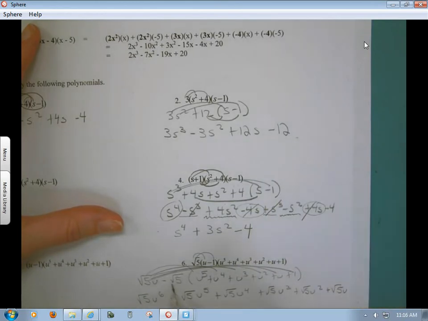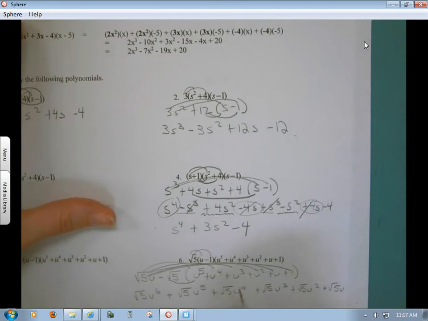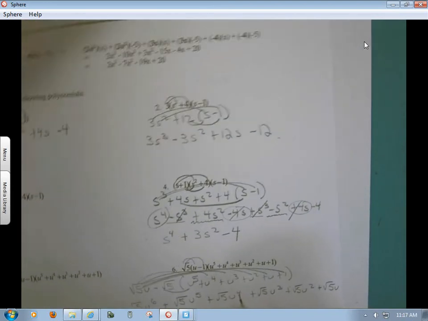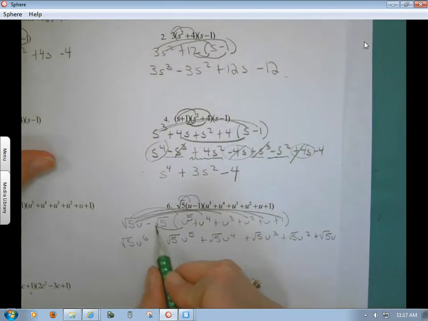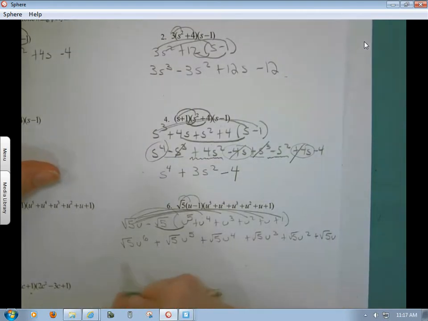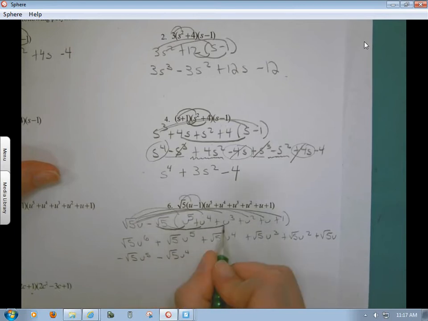Okay, now I have to do this one, and you can see I've run out of room, so I am actually just going to move down to the next line. So negative square root of 5 times u to the 5th is negative square root of 5 u to the 5th, minus square root of 5 u to the 4th, minus the square root of 5 u to the 3rd.